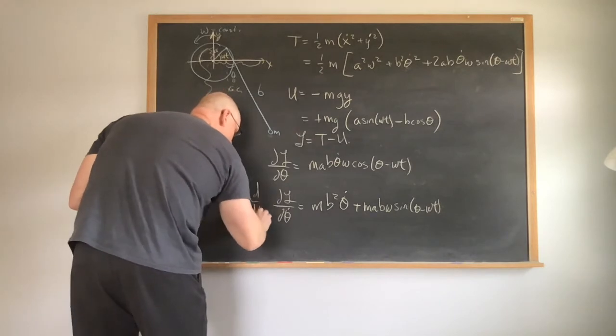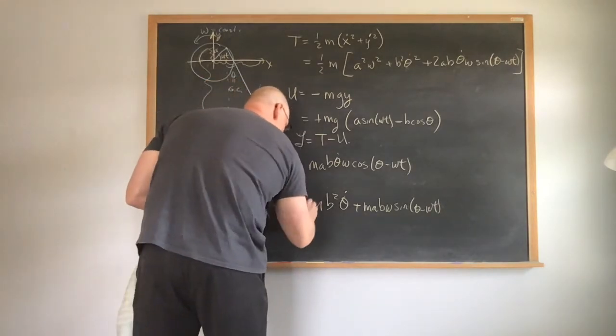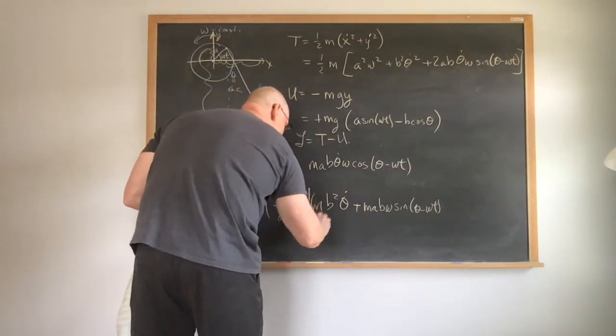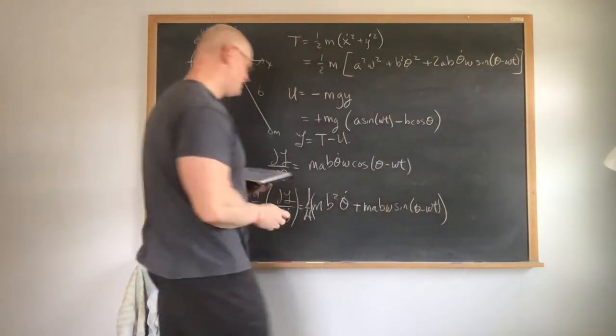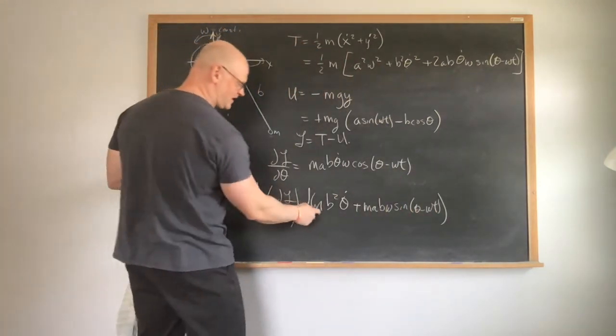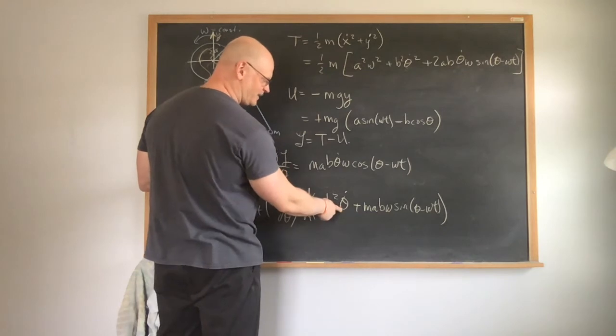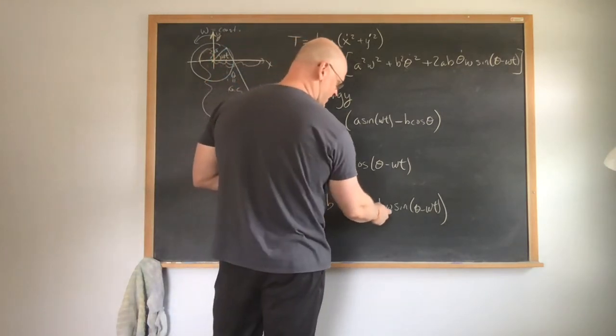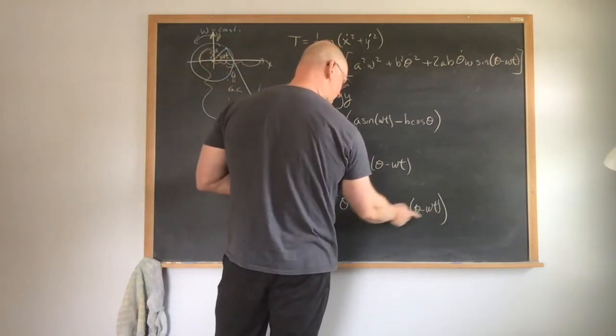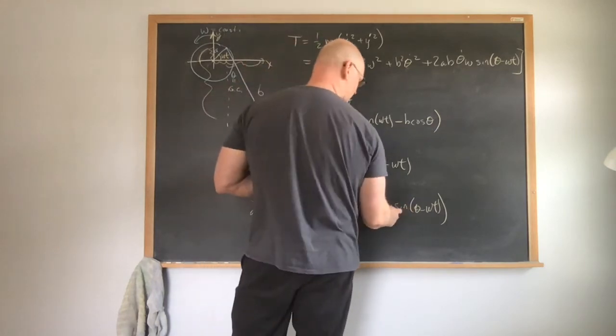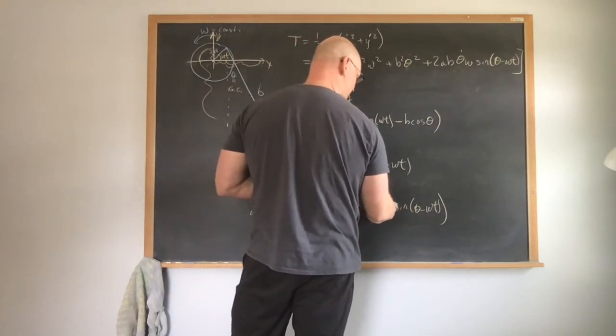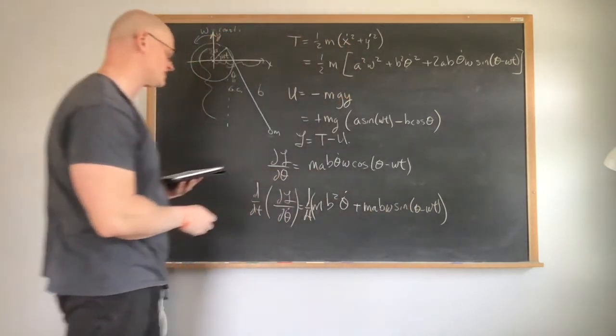Let's write a total derivative of him, which means we need a time derivative of this guy as well. Again, here m is a constant, b is a constant, so this is going to become a theta double dot. Here, everything is constants except for the sine term. So again, we're going to get a theta dot out of that with a cosine term. It's going to become a negative.